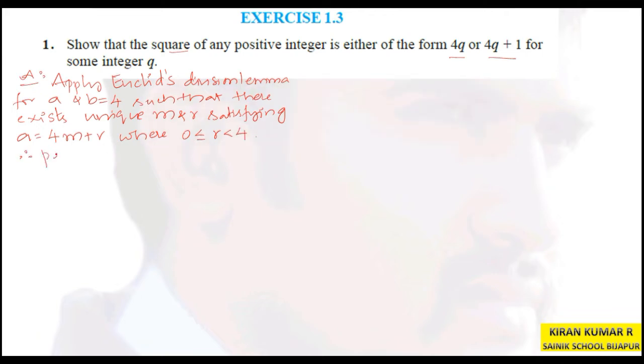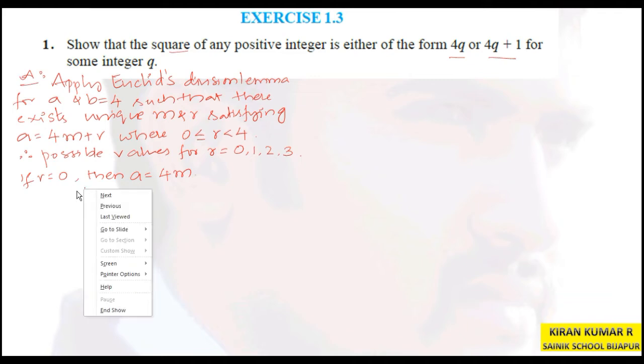Therefore, possible values for r will be 0, 1, 2 and 3. If r value is 0, then a becomes 4m.